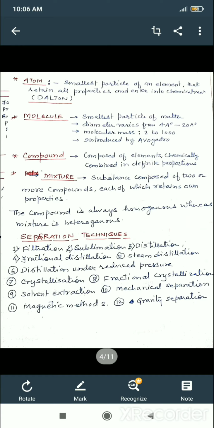Such questions I am trying to cover in these basic concepts.